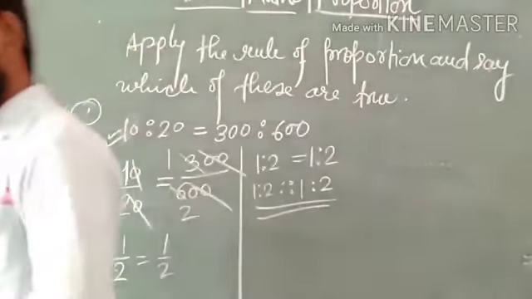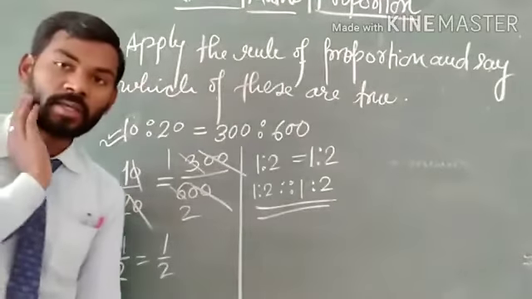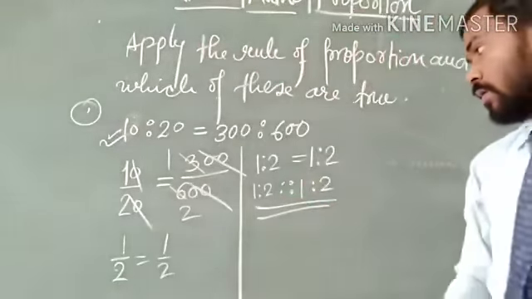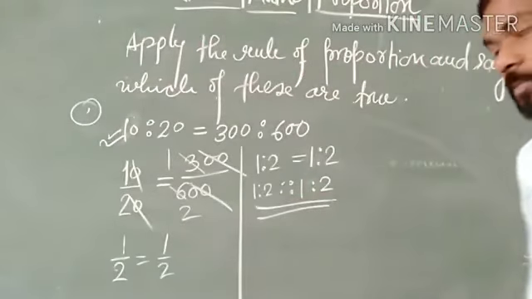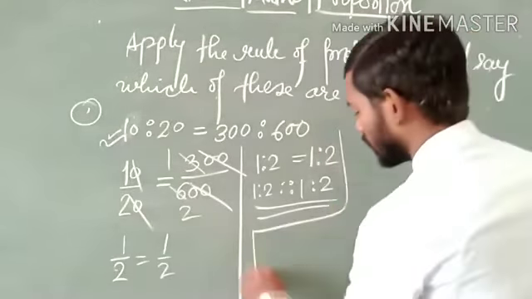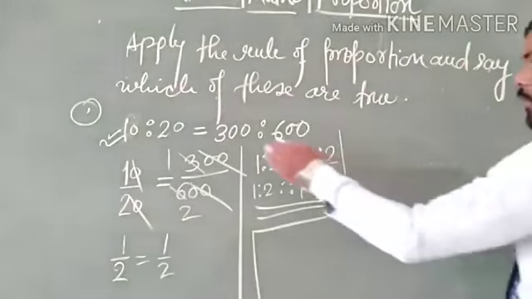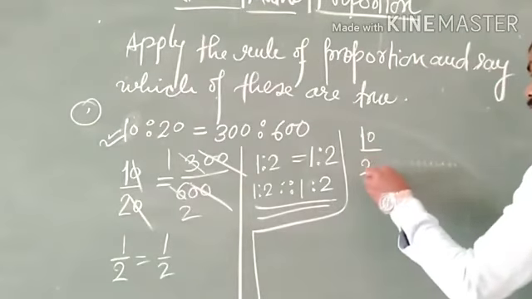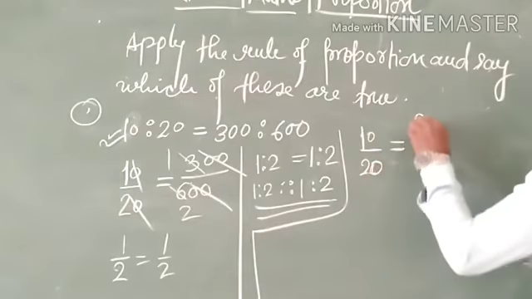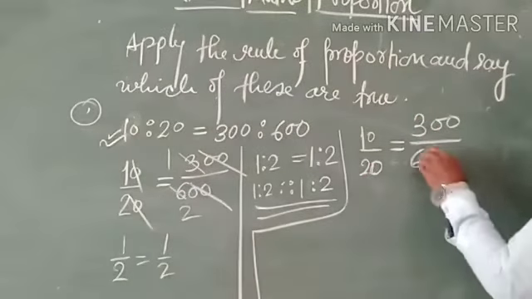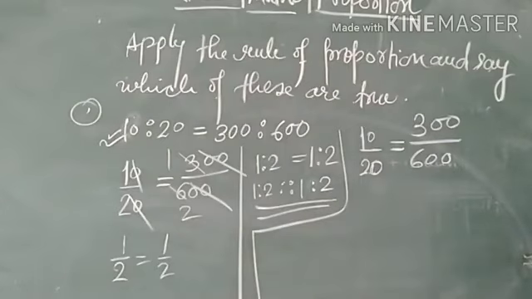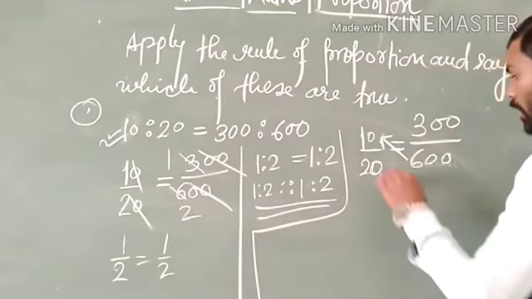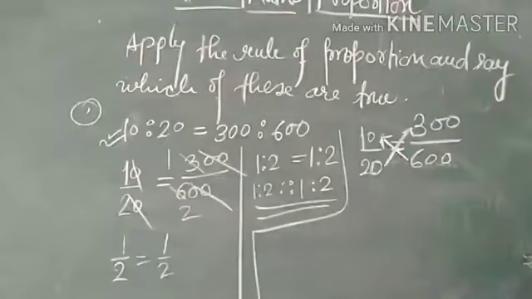As I told you, if two ratios are in proportion, then their cross products are equal. Therefore, let's apply the cross product concept. We have 10 upon 20 is equal to 300 upon 600. Now start cross multiplying. Multiply 600 with 10 and multiply 20 by 300.